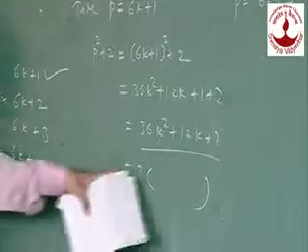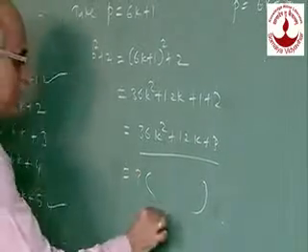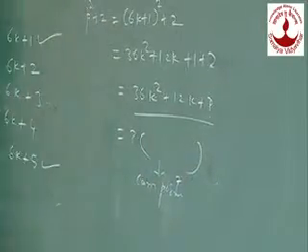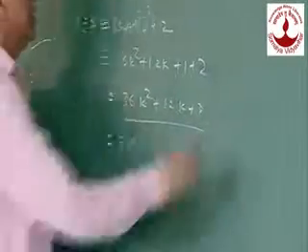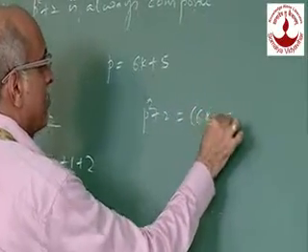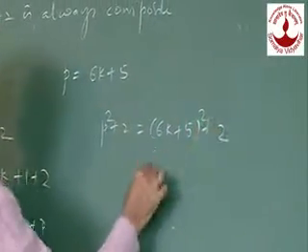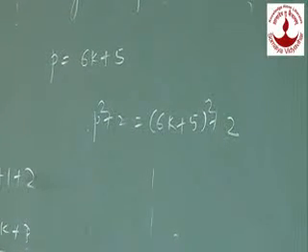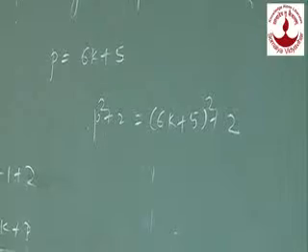And 3 being a factor, what about this number? This number is composite. Similarly, if you calculate for 6k plus 5, again we will observe that 3 is a factor. So, P square plus 2 is also composite.